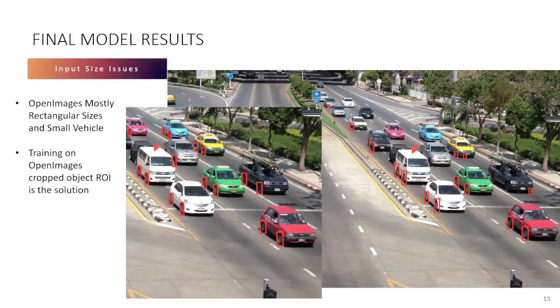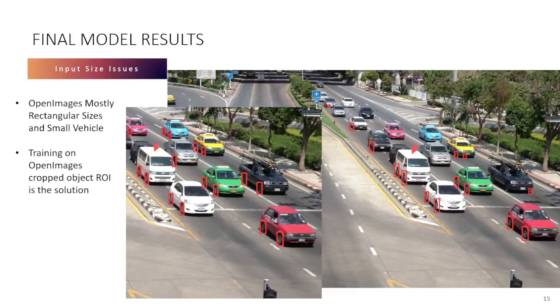Then I did a test where I did a cropped square view out of a rectangular view. And if we look at the van highlighted with the red arrow here, the bounding boxes around the wheels are loosely tied compared to the square size input.